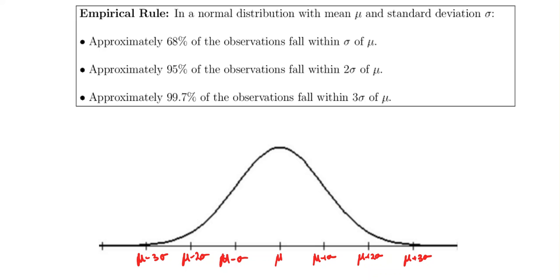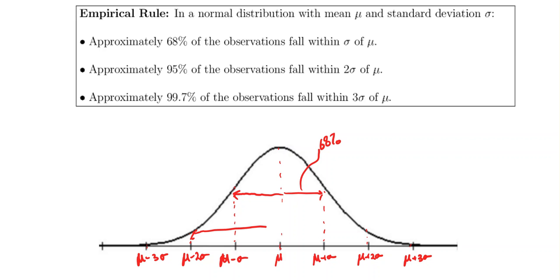We can come up with a rule about how much data falls within each of these regions. So if I chop up my picture here, because this is what we like to do in math, this tells me that if I'm going away from the mean either one standard deviation above or below, this region represents within one standard deviation, and this is approximately 68% of my observations.